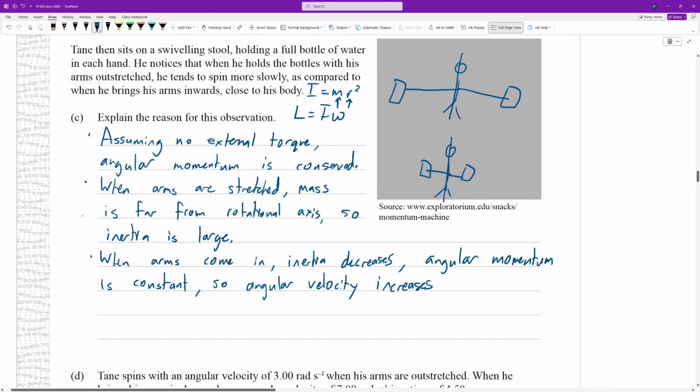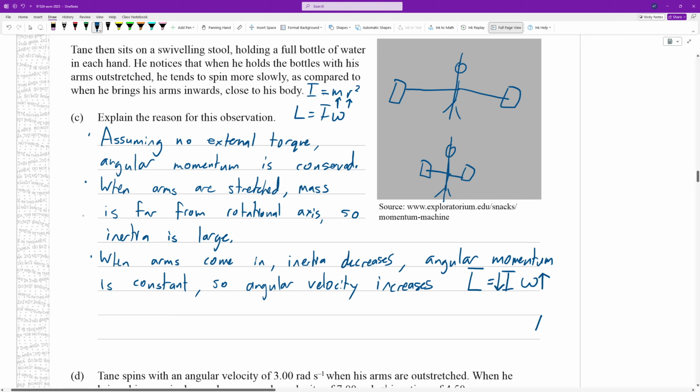And if you want the equation form of this argument, angular momentum is constant, inertia decreases, so angular velocity must increase in order to maintain that constant angular momentum.